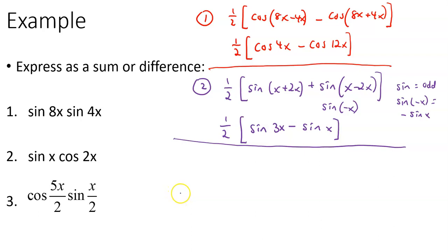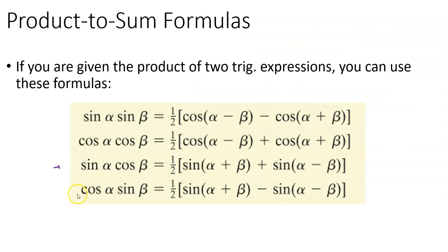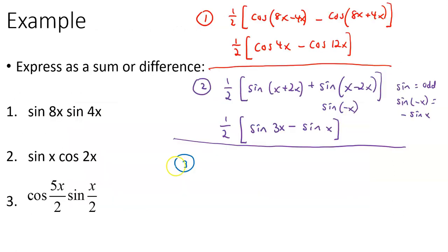All right, for number 3, it's a cosine sine. So we've got to go back and look for our formula that has a cosine sine. So which of our formulas has a cosine sine? Here it is, the last one. So the cosine sine says half the sine of the sum minus the sine of the difference.